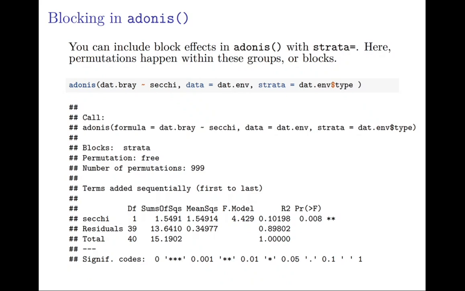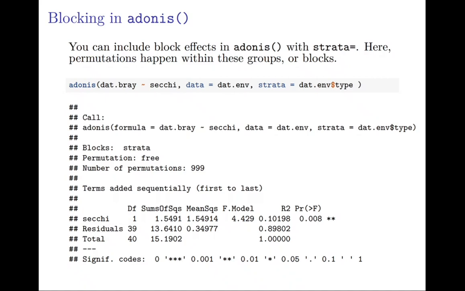So to do that, you again run your adonis function with your distance matrix as a function of, now we're just going to look at Secchi depth, specify our data, and here we make sure to specify data as the environmental data, because that's where we're getting our x's from, right? Same as before. And the strata is the type.